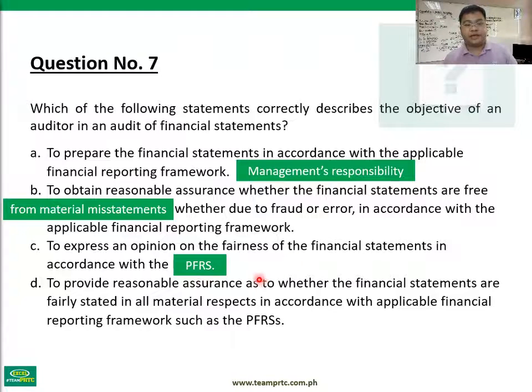Therefore, our best answer is letter D: to provide reasonable assurance as to whether the financial statements are fairly stated in all material respects in accordance with the applicable financial reporting framework, such as the PFRSs. So number 7 answer is D.